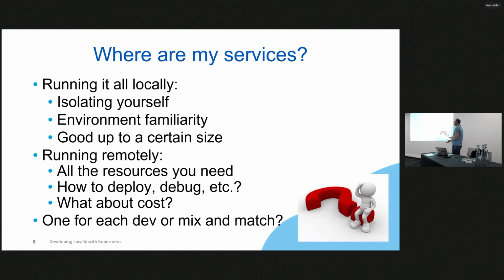And when you come to weigh these two options, you have, again, advantages and disadvantages everywhere. Here, you're limited by size again. And if you do it remotely, you're not limited by size, but you have to deal with other issues, for example, deployment and debugging remotely. And I'll soon give a few words about cost, right?